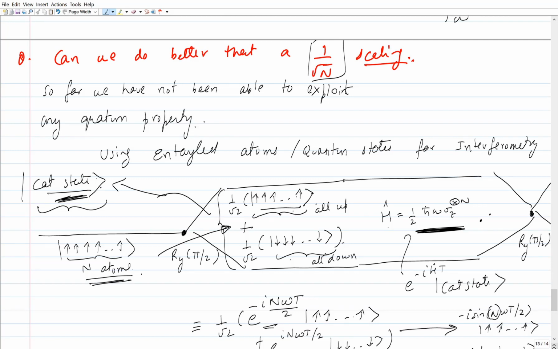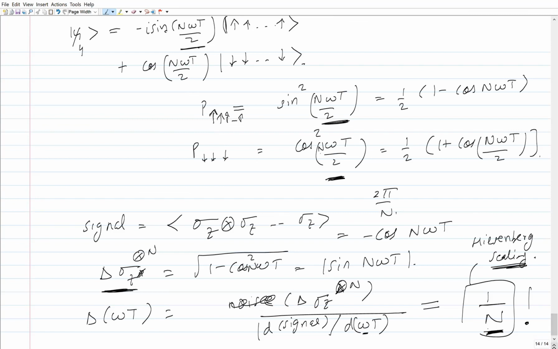The Schmidt number here was 2. And this, in one avatar or another, is used in very sensitive metrology schemes, like, for example, detection of gravitational waves.